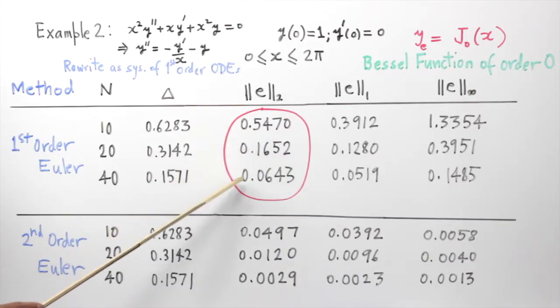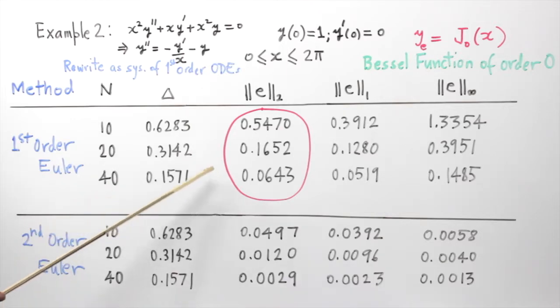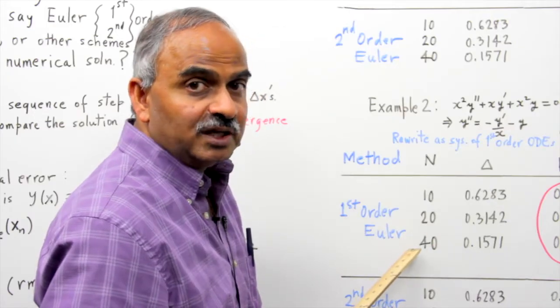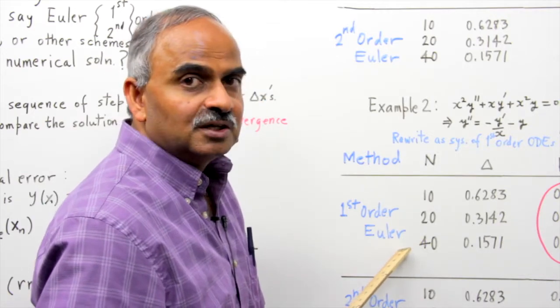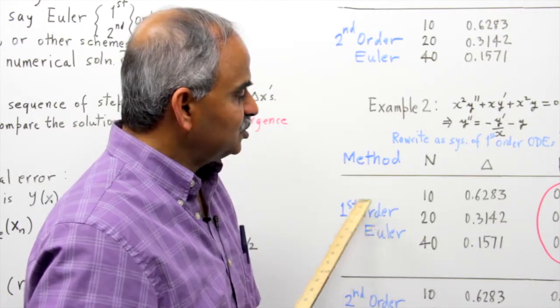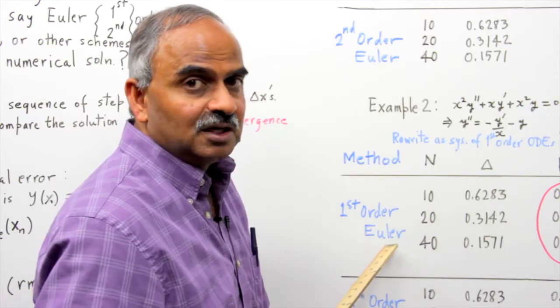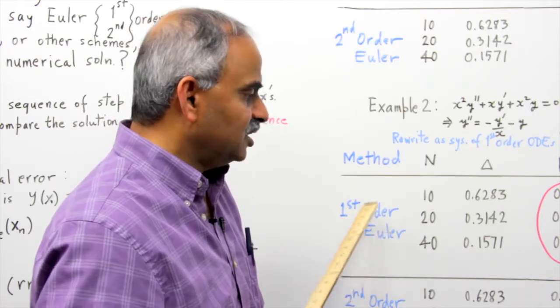But as we saw for the cosine wave oscillation when we integrated it using the first order Euler method, we have a system of differential equations whose eigenvalues have a strong imaginary part to them, and first order Euler method is not stable for systems that have imaginary eigenvalues.